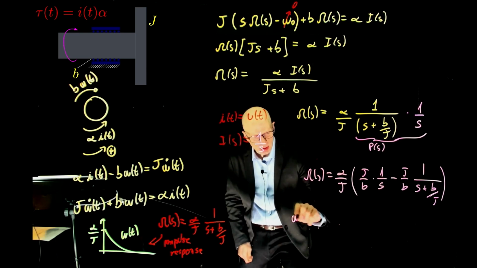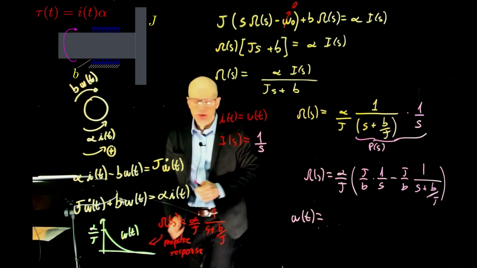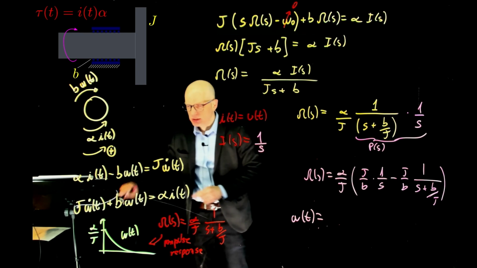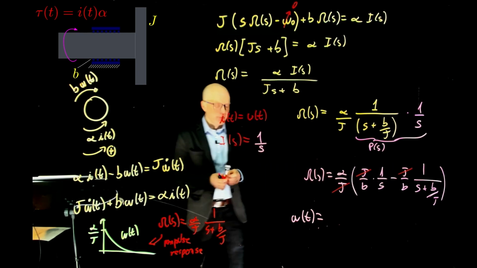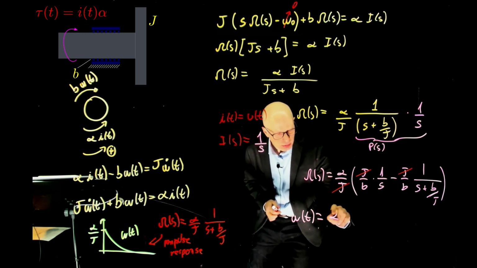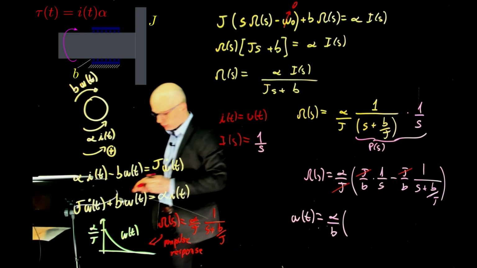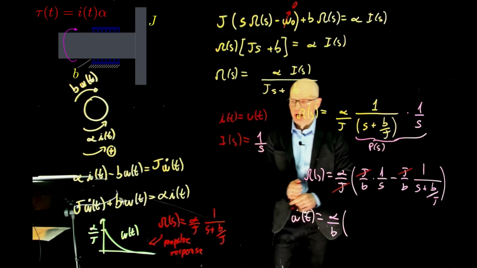What is omega of T? The inverse Laplace of that. We can factor out these J's here. You see that they cancel out with this one in front. So we have alpha over B times the inverse Laplace transform of 1 over S, which is 1.